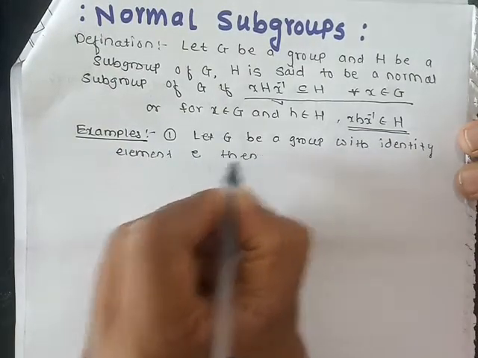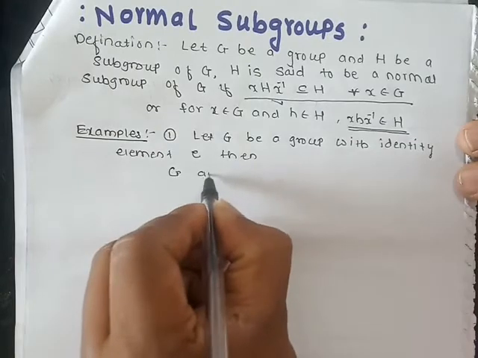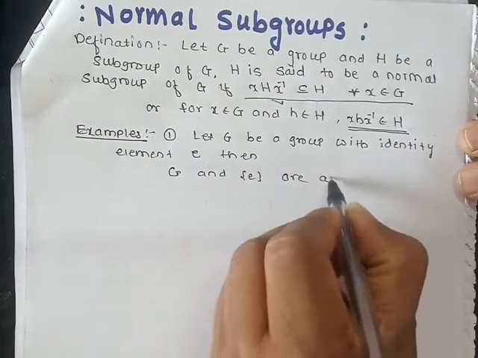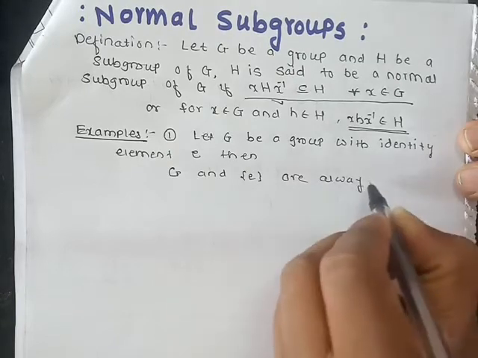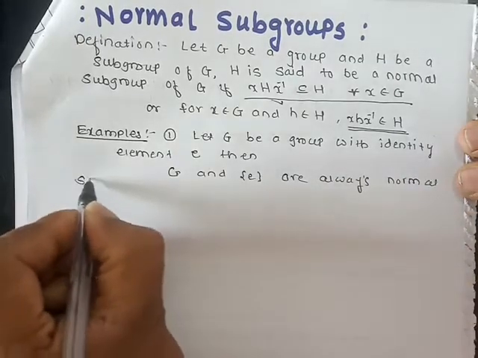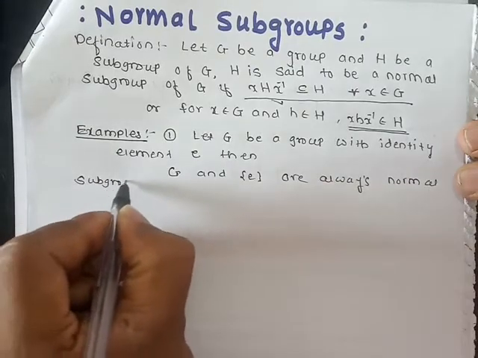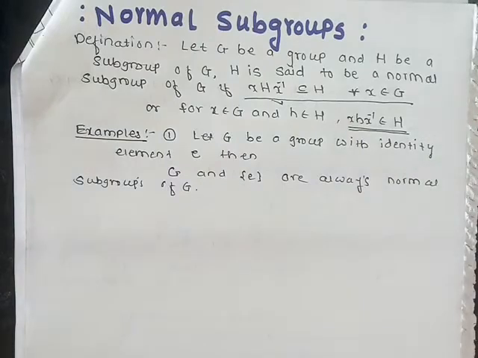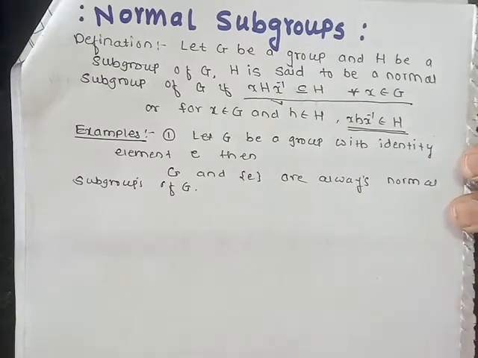Then G and singleton {e} are always normal subgroups of G.